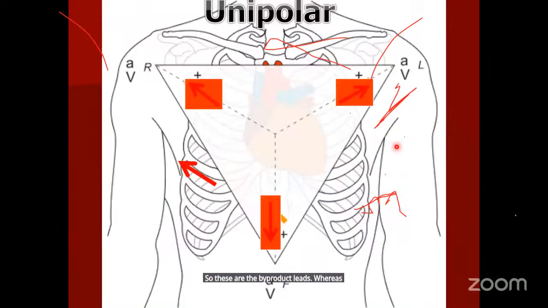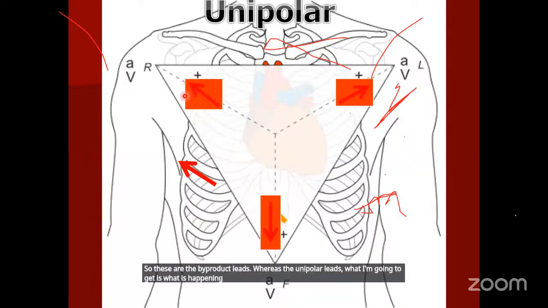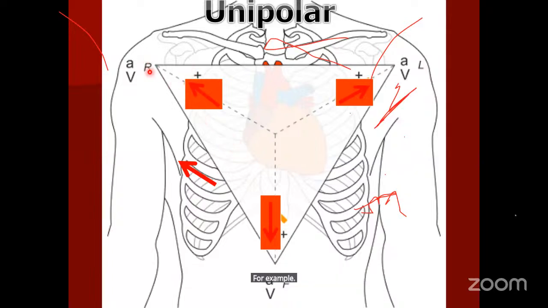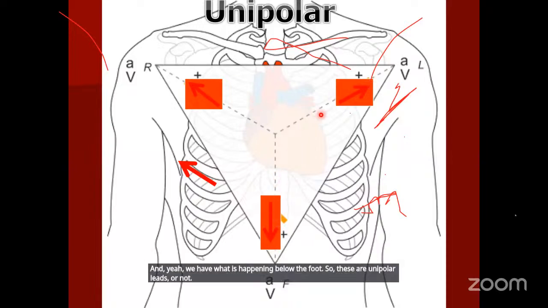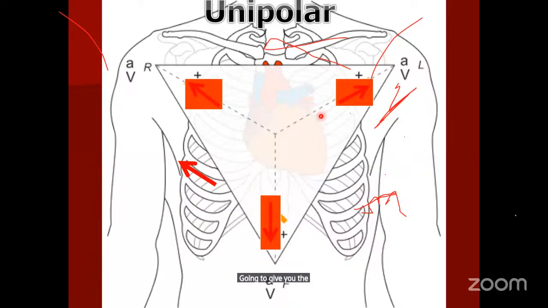Whereas with the unipolar leads, what I'm going to get is what is happening below that particular lead. For example, I want to record AVR. I see what is happening below AVR. For example, I record AVL. I see what is happening below AVL. And AVF, what is happening below the foot. So unipolar leads are not going to give you the differences of electrical activity between two parts of the body.